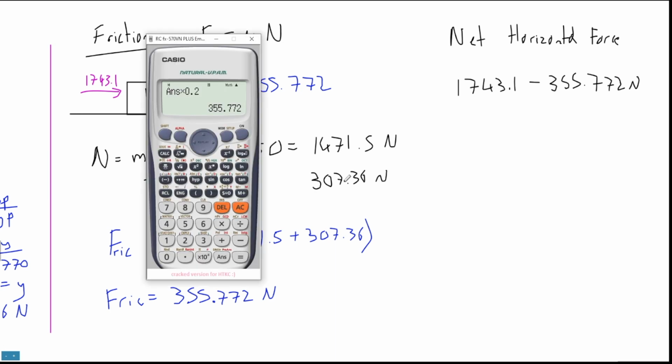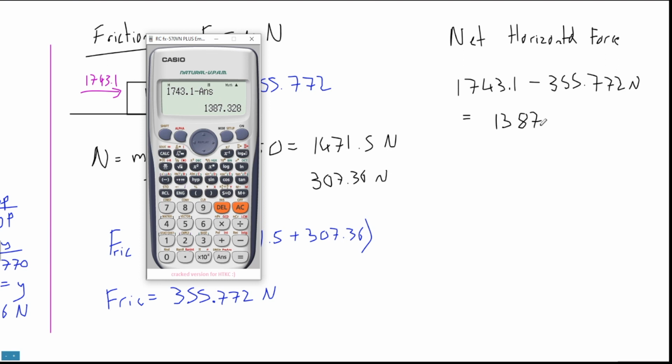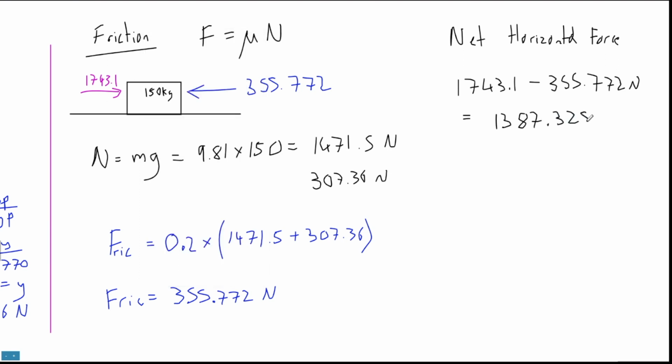Let's calculate that. So I've already got my calculator. I can do 1743.1 minus the answer from previous, and I got 1387.328.